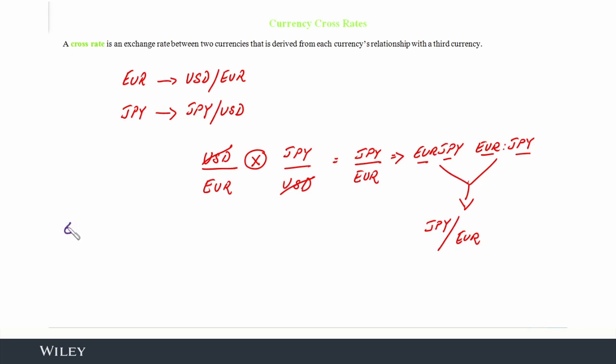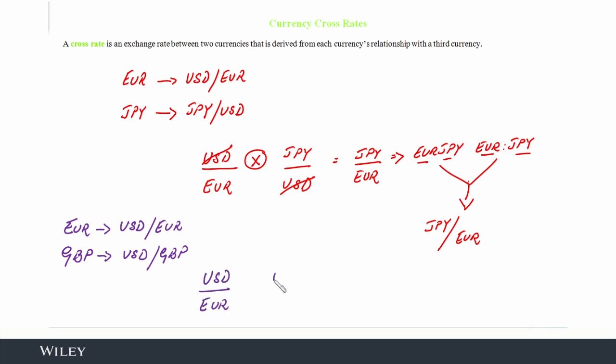Consider the euro or EUR exchange rate, which represents USD per euro, and also consider the Great British Pound exchange rate that represents USD per pound. Now note that both these exchange rate quotes have the US dollar as the price currency, USD per euro, and USD per pound. Now, what operator could you insert between these two quotes to make sure that the third, or the common currency, the US dollar, cancels out?